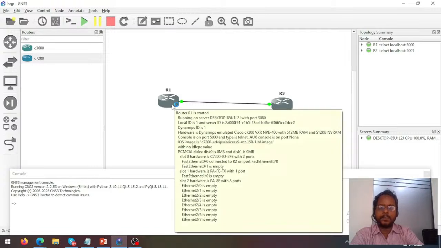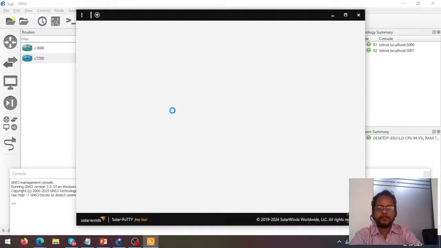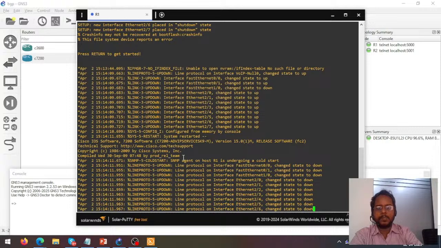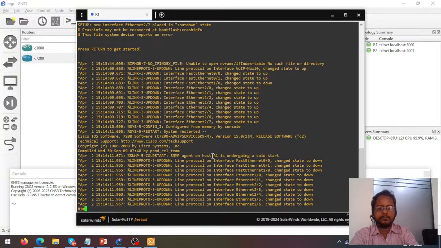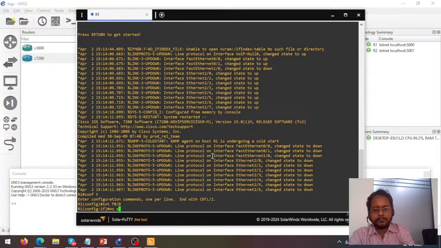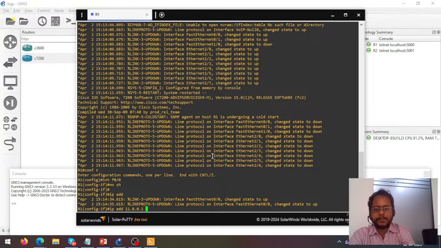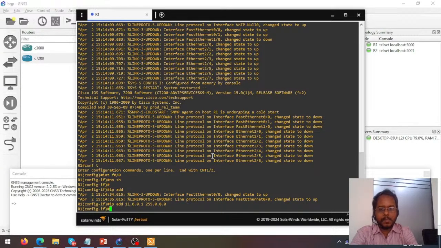So PuTTY is being connected. There you are, the routers are booting. And you have to just go to the interface, say 0/0, and give the IP 11.0.0.1. And you can configure a loopback also.